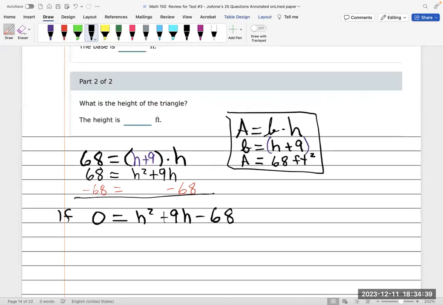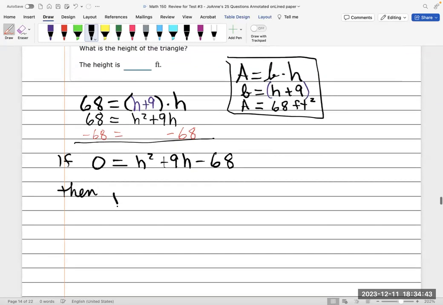If I have that situation, then the quadratic formula tells me that my variable will be the same thing as the opposite of b, plus or minus the square root of b squared minus 4 times a times c, all of that over 2 times a.